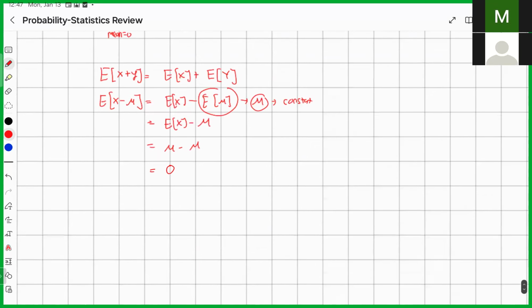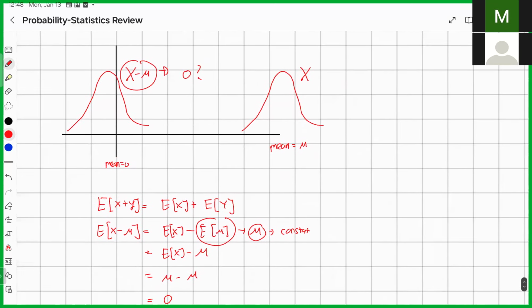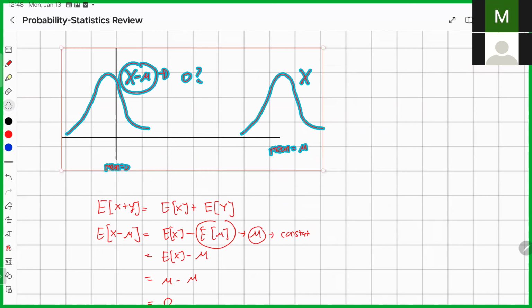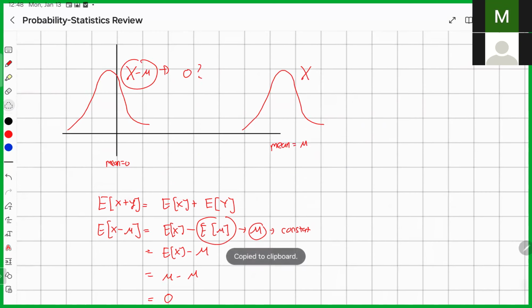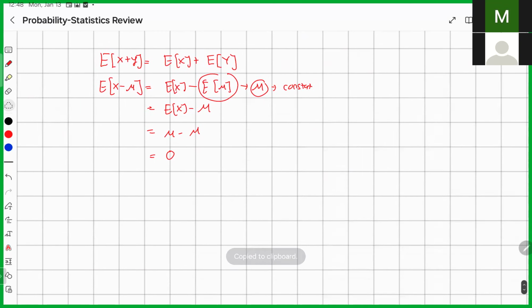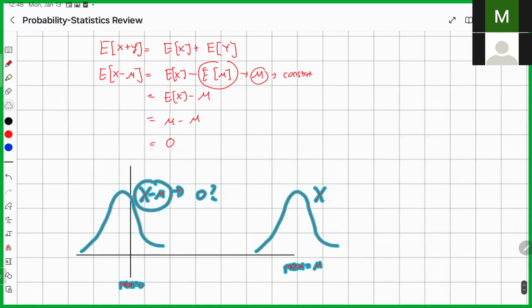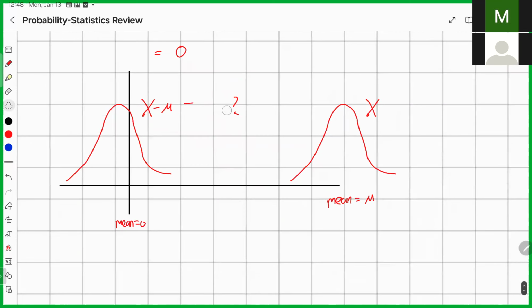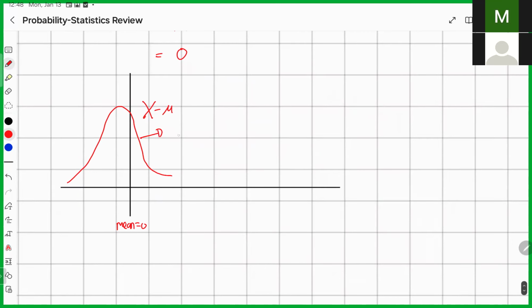However, we also want our data to have a standard deviation equal to 1. After we move this and it's already centered, we want the standard deviation to equal 1.